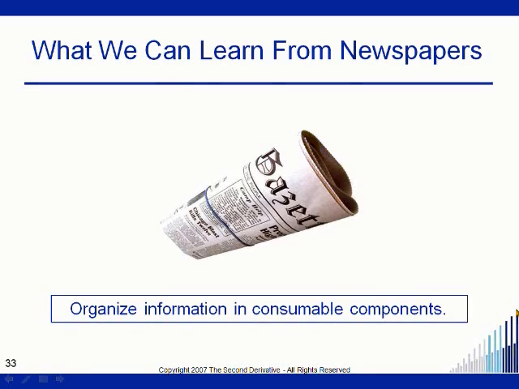Let's assume that we now turn to the sports section. Well, let's suggest that we have the sports section here that's sitting in front of us. Note that the newspaper has already organized the information in a hierarchy of consumable components that can be introduced, explored as deeply as you wish, and then exited to go to the next one. Now, how do you choose which article you want to read?